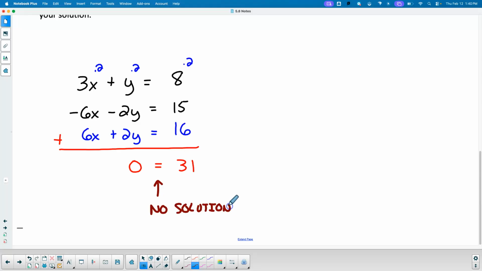Very quickly, let me show you a different kind of one. We'll go 3x plus y equals 8, and we'll go negative 6x minus 2y equals negative 16. Talk to me. Okay, it's a whole other one. Okay, again, multiply the top equation by 2.